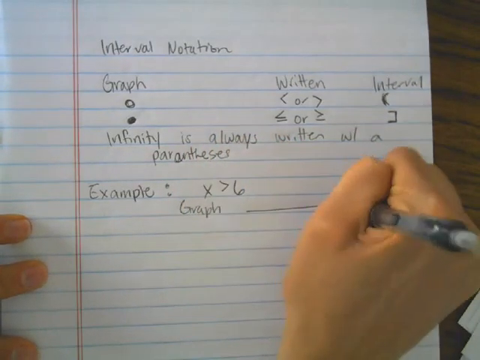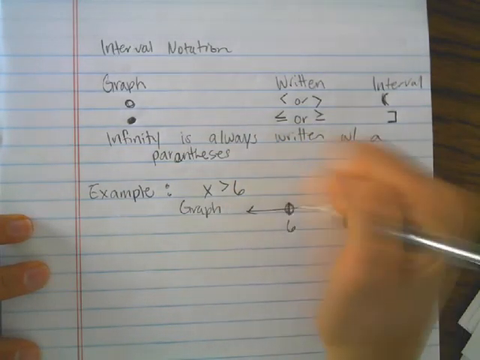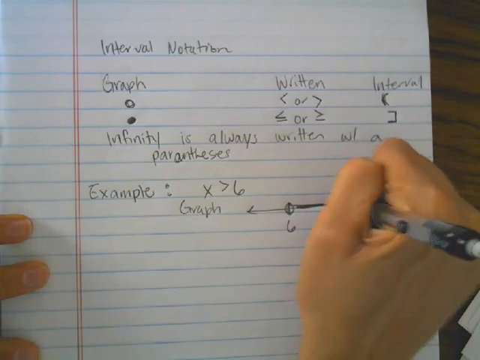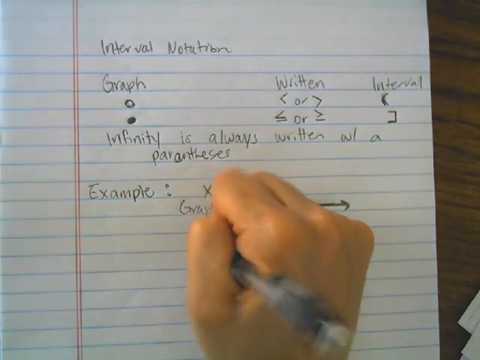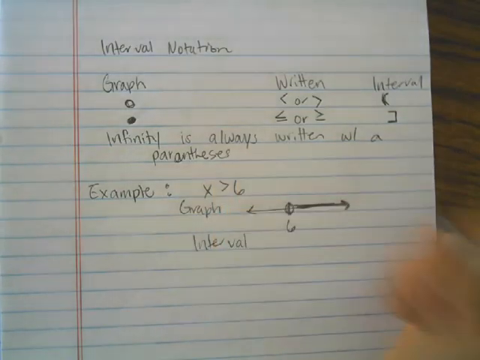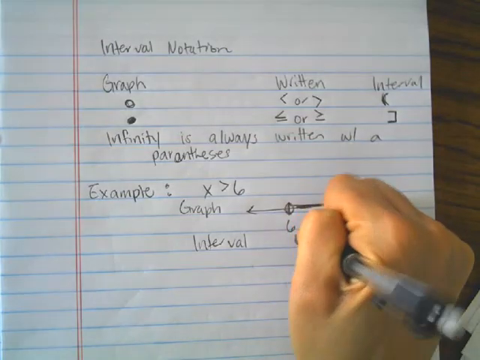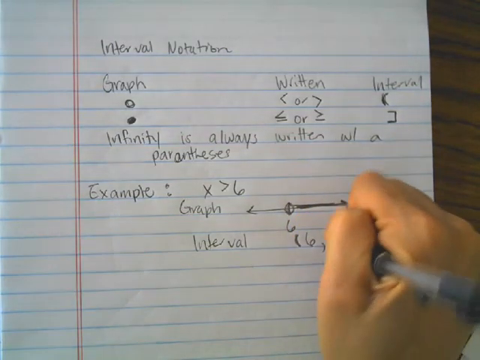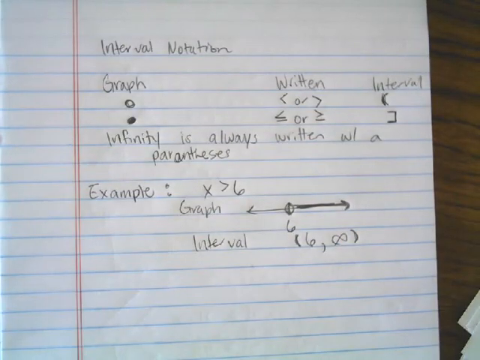To graph it on a number line, let's say this is 6, I would put a hole in the graph and then go all the way up until infinity. How would I write the interval? I would write it as parentheses. It starts at 6, comma, it goes until infinity, and we always put parentheses with infinity because it never gets there.